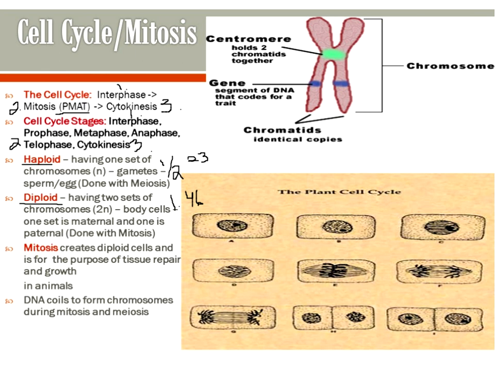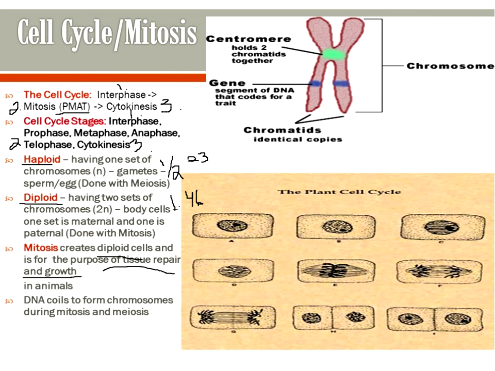So haploid is half the number. That only involves reproductive cells. Diploid is the full number. All of our cells have 46 chromosomes except for our reproductive cells. Mitosis is that stage, prophase, metaphase, anaphase, telophase, that creates diploid cells for the purpose of tissue repair or growth.